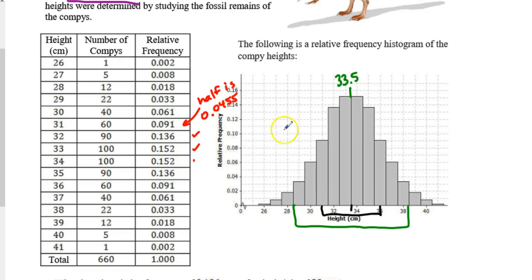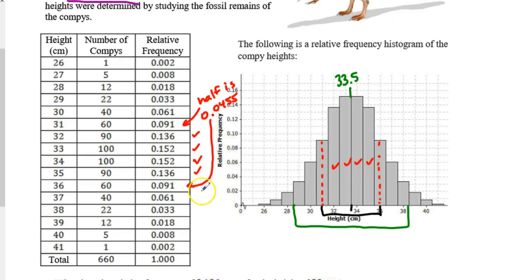So that would get me that whole bar, and then half of that bar. Does that make sense? And then symmetrically, half, full bar, and then half of that one. So I want the full bar, and another half. Just draw my little arrow down there. I want half of that.